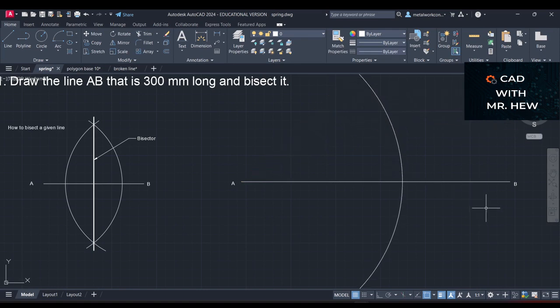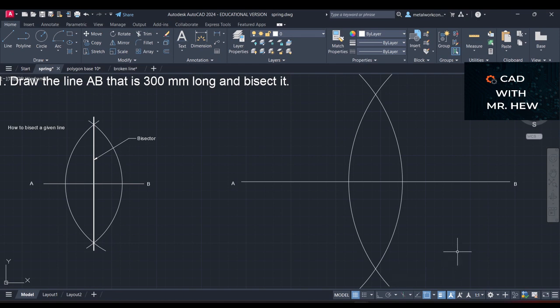All right. Now we're gonna do the same thing at B, and we'd use the same radius, okay? So center B, radius equal to the same radius that you used before to draw the arc from A. Good.